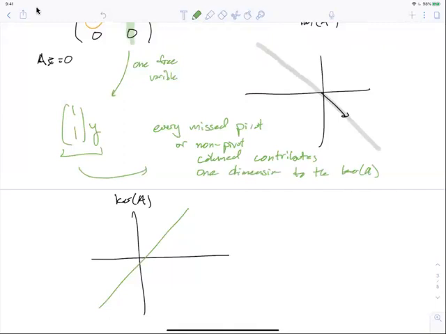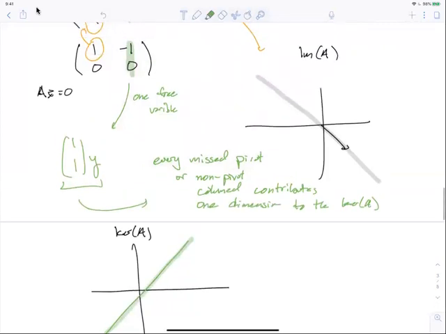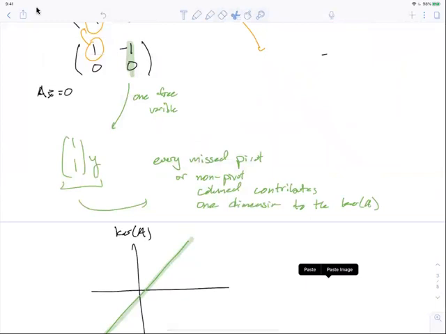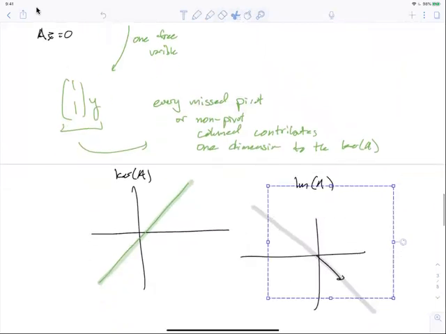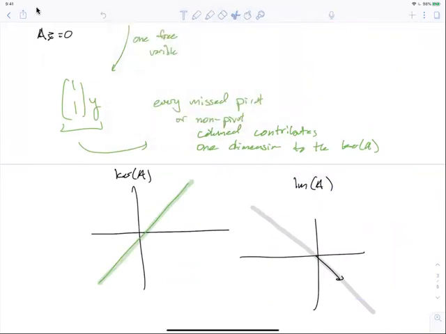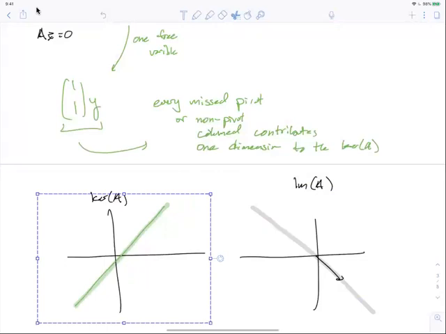So we're going to get a line that looks like this. And maybe to get a clear before and after picture, what's going to happen? Let's go ahead and create a clear before and after picture. So this is going to be our before and after picture. So let's align these a little better.